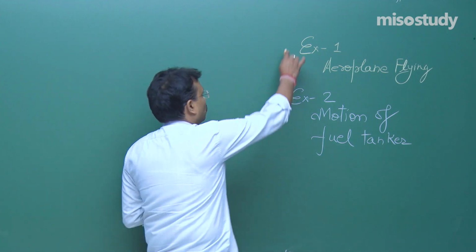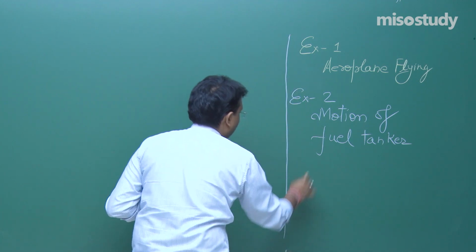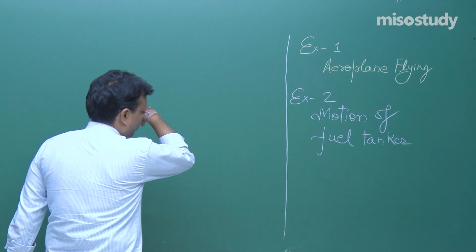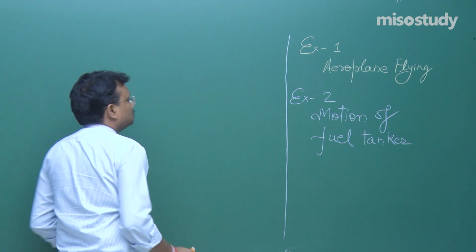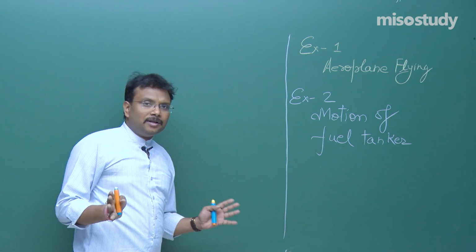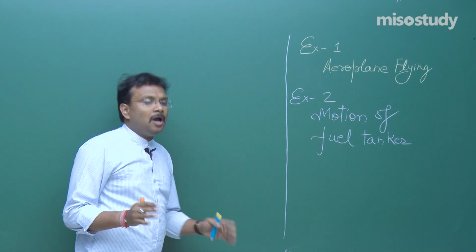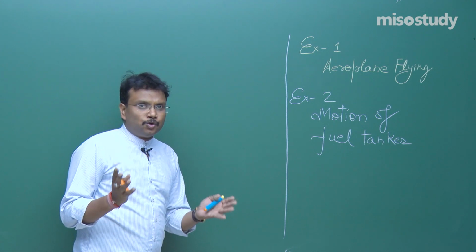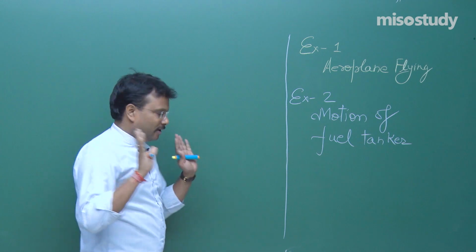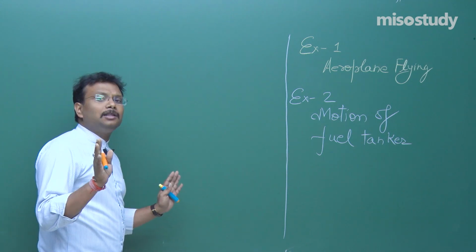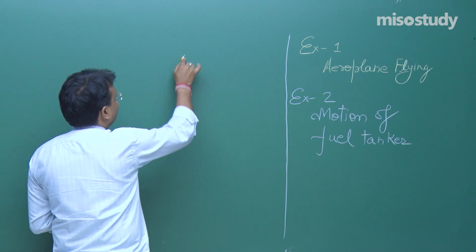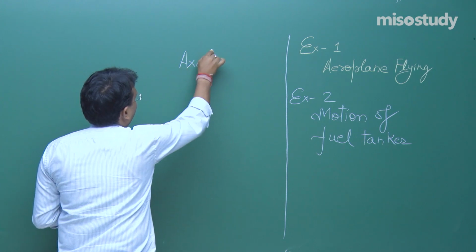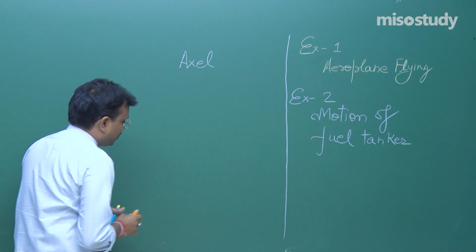Now, why is it so? Let us first try to understand. See, there are minimum 2 sets of wheels in this tanker. In front there are 2 wheels, in back there are 2 plus 2, 4 wheels. Anyway, we are not interested in the wheels, we are basically interested in the axle. Now, what is this axle?